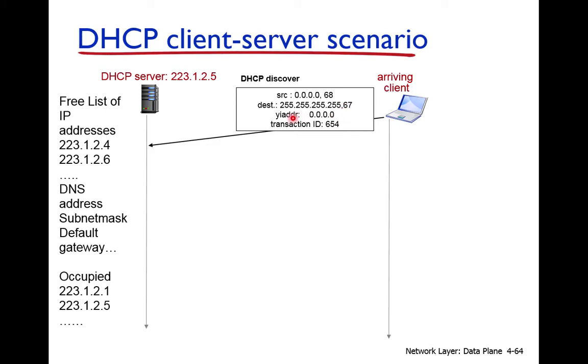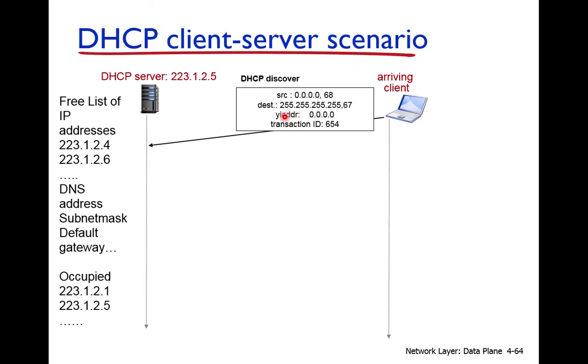We will discuss why later. This is 0.0.0.0. It represents that the client doesn't have any IP address previously. Transaction ID: whenever a DHCP client sends a message, it assigns a transaction ID. This is the identifier of the message.